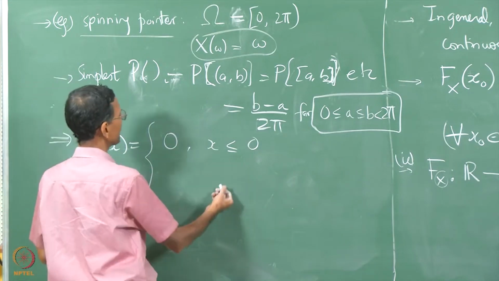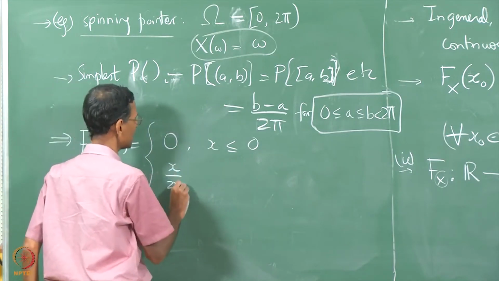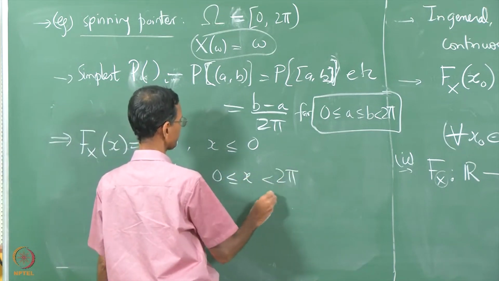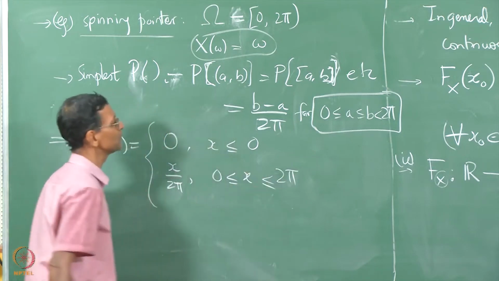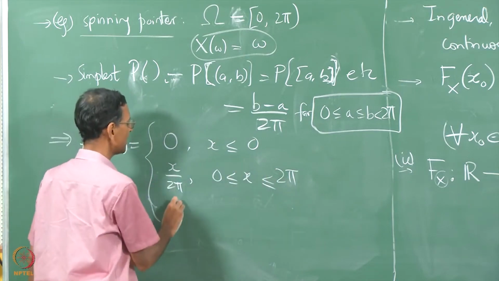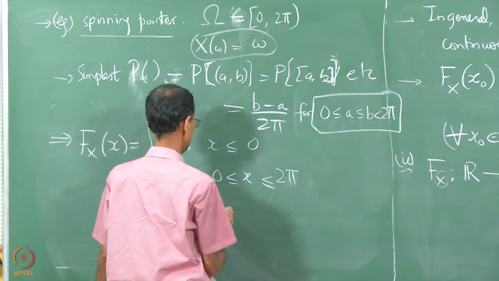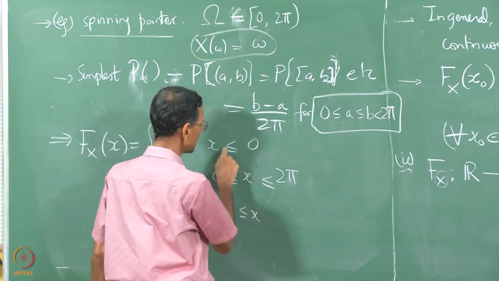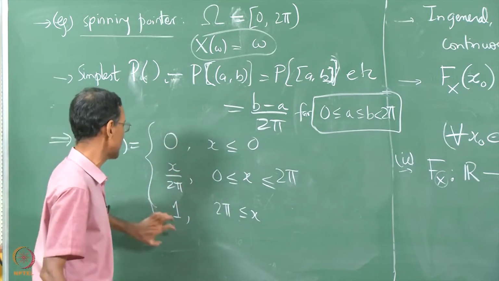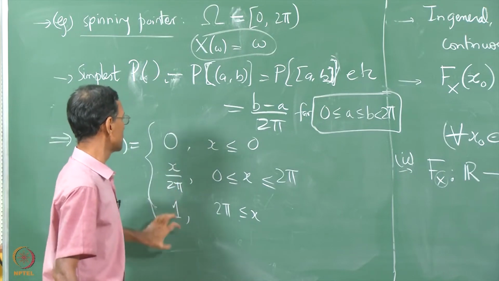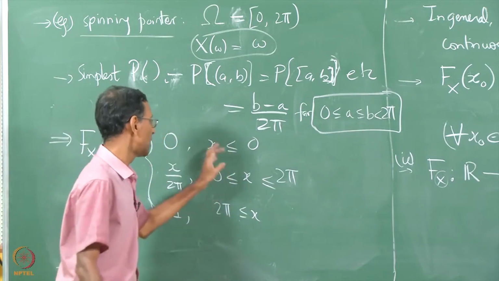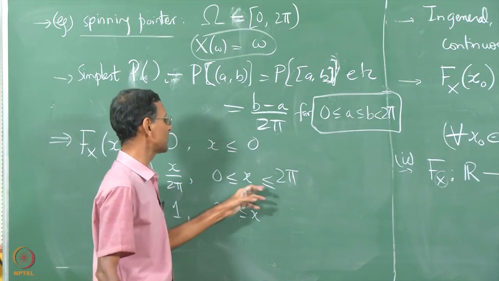Now if you take values of x between 0 and 2 pi, it becomes x divided by 2 pi, and in fact we can even put an equality here, because if you put x equal to 2 pi, it basically becomes 1. I can put less than or equal to everywhere here because I am only defining this function, and it is actually continuous everywhere, so it is perfectly okay to write it with the less than or equal to, although some people might leave out some of these equal signs, but it does not matter.